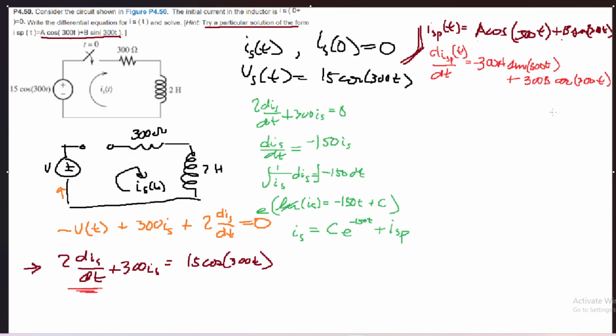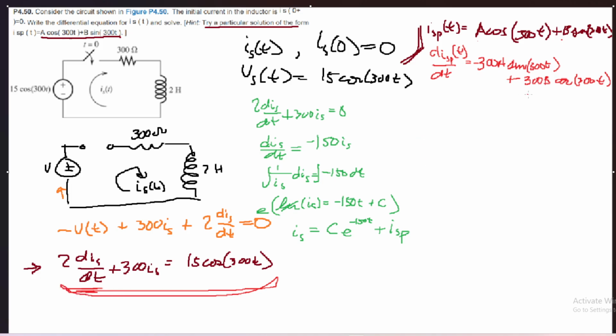Then you can plug this into this equation, and then you can solve for a and b.